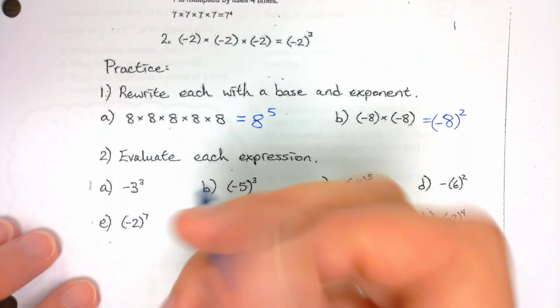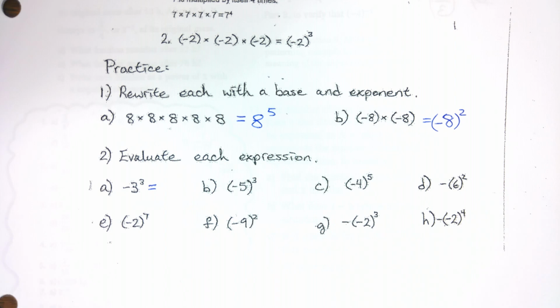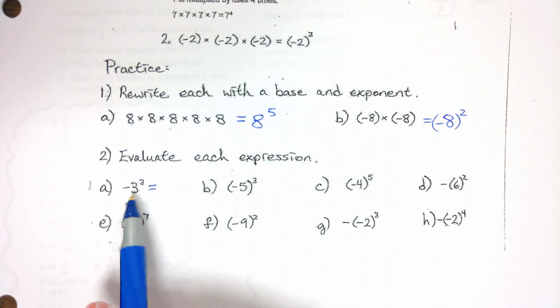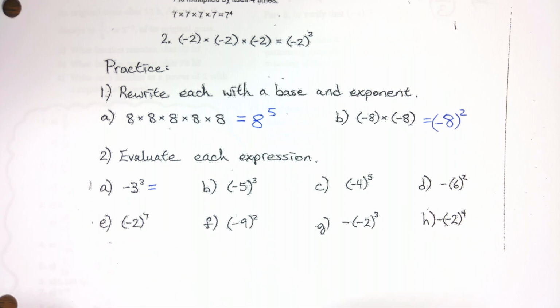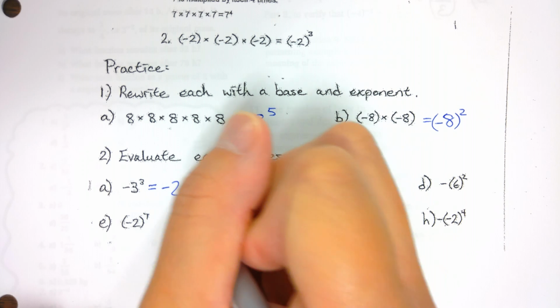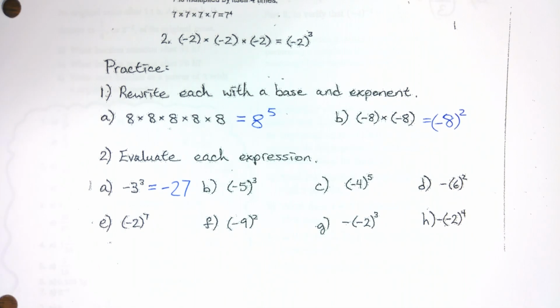Negative 3 to the power of 3. If you write this out, this is going to be negative 3 times negative 3 times negative 3, which gives you negative 27. Kazaya, you copying this down? Negative 5 times negative 5 times negative 5.